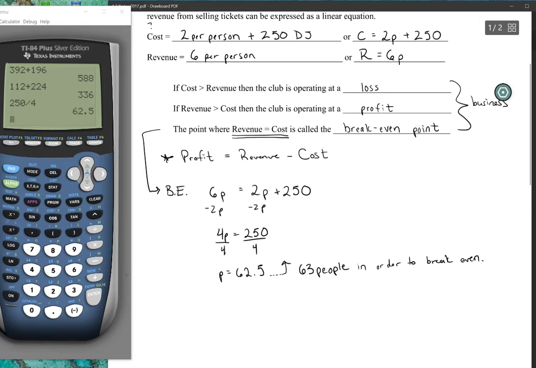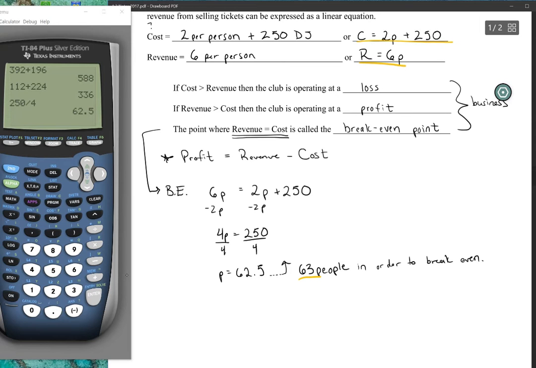Now, just out of curiosity, what is the cost at that 63 people? So let's actually find what value that is, and you could now substitute into either equation. If we put 63 in for revenue, it should be about the same thing we put in for cost.